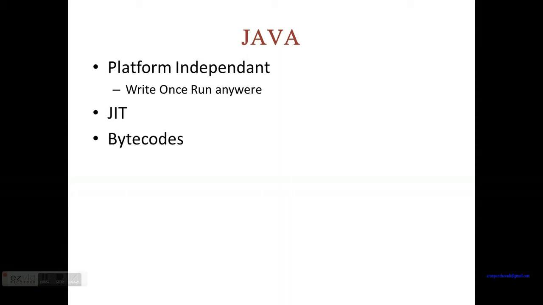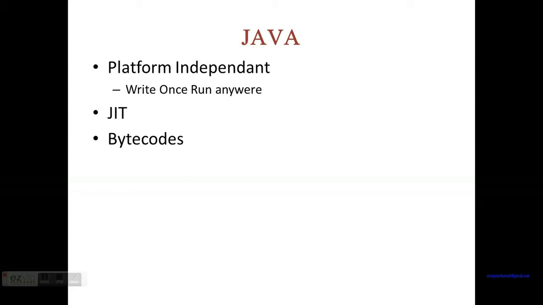If you are aware of programming languages like C or C++, you write your program and you get a .exe file when you compile the C program code. If you are using a Unix platform, you will get a .out file, and you will run this .out file in Unix and the .exe file in Windows.